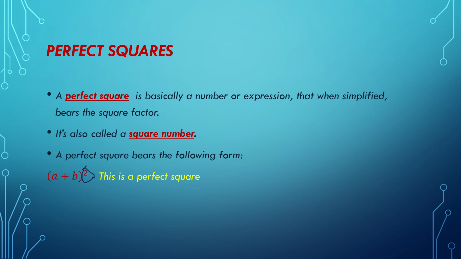That gives us what we term as a square. But in this next one, this is not a square because they're not similar. They are different expressions. A square is a plus b in brackets multiplied by the same number again, a plus b. That's a perfect square, or a square number. So that's what we know as perfect squares. It must bear the square factor in it.